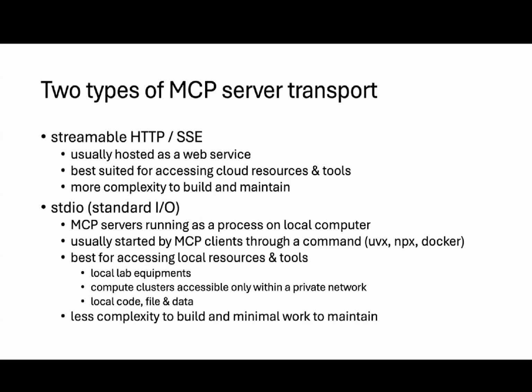Basically, when you see an MCP connection instruction that asks you to provide a URL, it's using streamable HTTP, and it's best suited for accessing a remote resource, like something you host in the cloud, for example your Gmail, or your Google Calendar, or a Dropbox account.